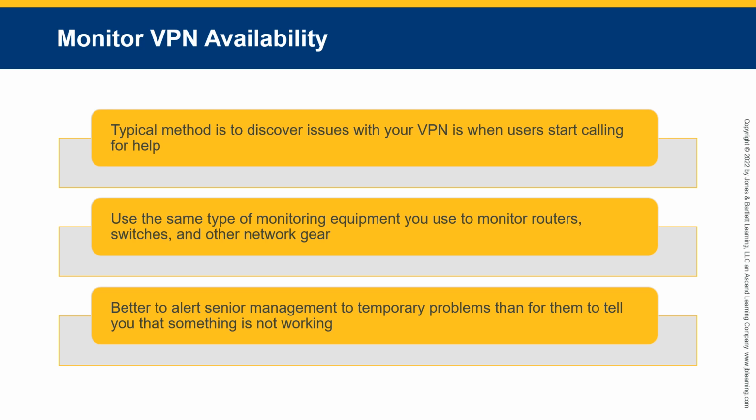If something bad does happen, you want to let your bosses know. Let it go all the way up to senior management that there are going to be temporary problems, so they can work on communication going out to let people know something's not working. Let them know that we're on it. Leadership can take that heat for you and craft communication to the employees who are utilizing the VPN. So that's really important to do also.